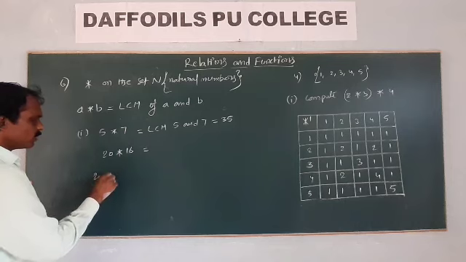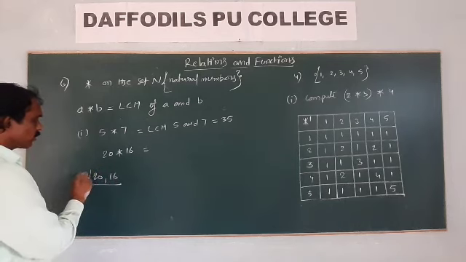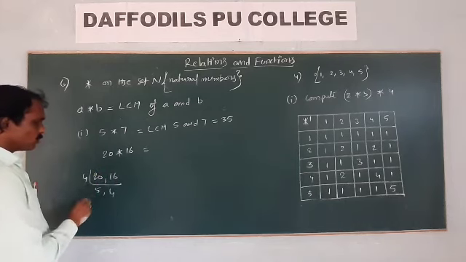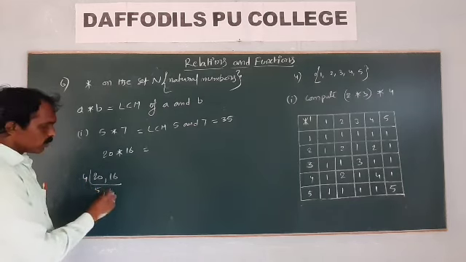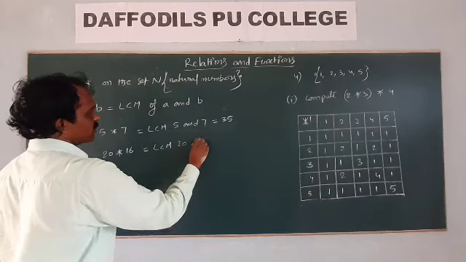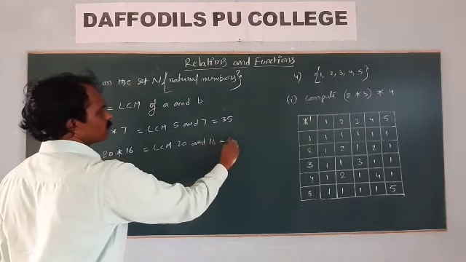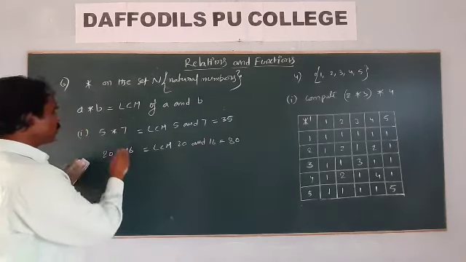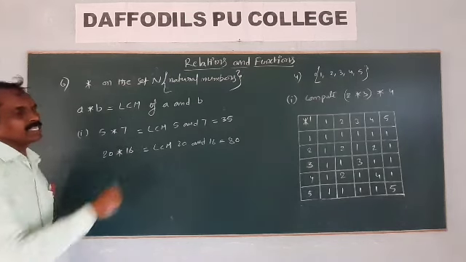LCM. What is 20 star 16? Clear? 4 5s, 20; 4 4s, 16; 80. LCM of 20 and 16 is equal to 80. So here the star operation means LCM.